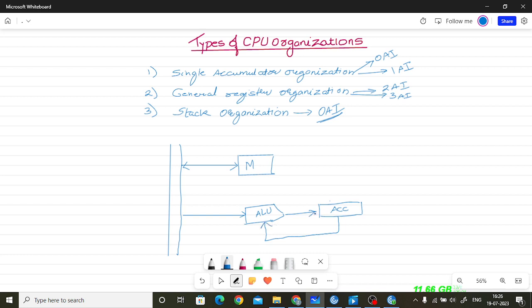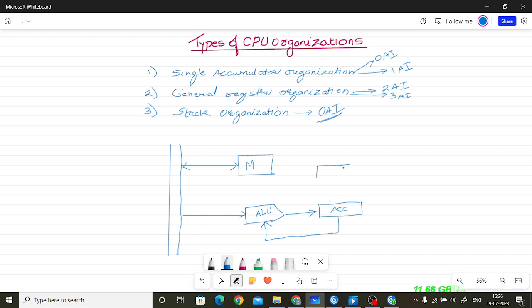We can also provide inputs with the help of an input register and data register, but here we are discussing single accumulator organization, so there is no need to include the data register.